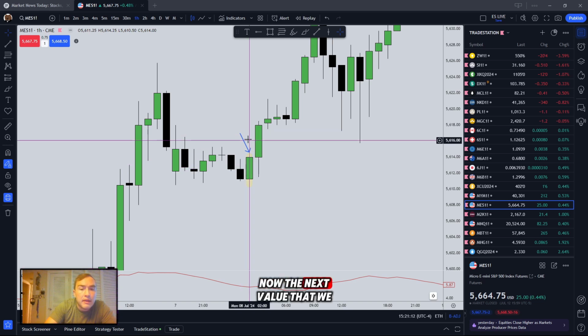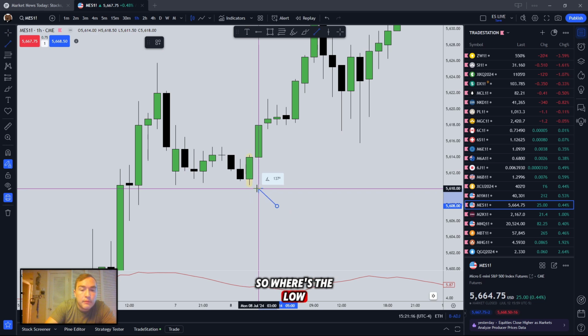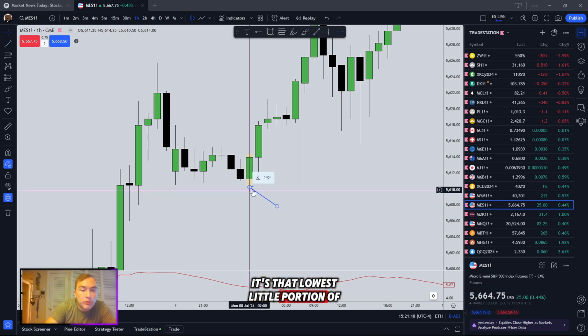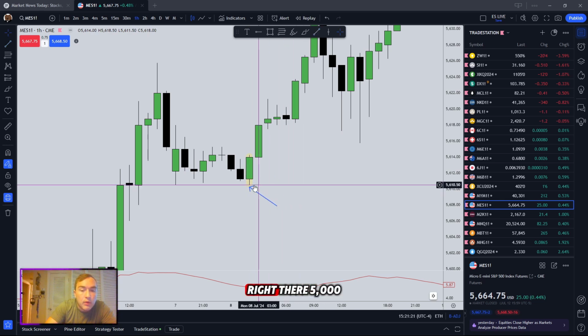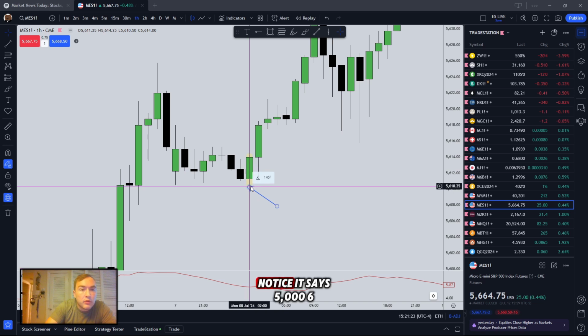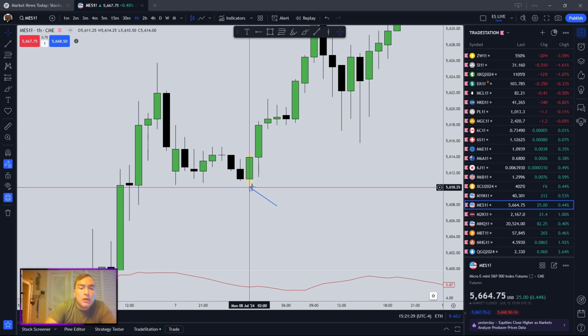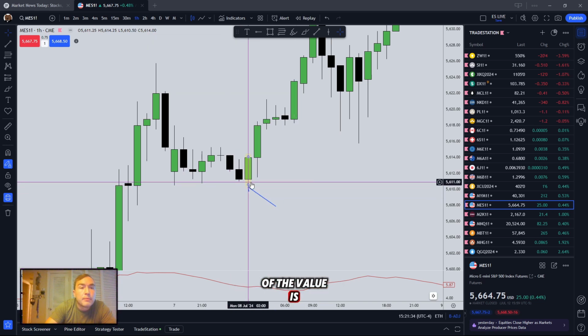Okay, now the next value that we want to look at is the low. So where's the low? It's that lowest little portion of the candle right there. Notice it says 5,610.50 at the top left of the screen. Notice that I'm pointing out with my arrow that's exactly where the lowest point of the value is.